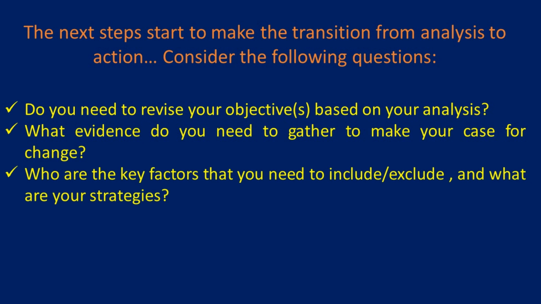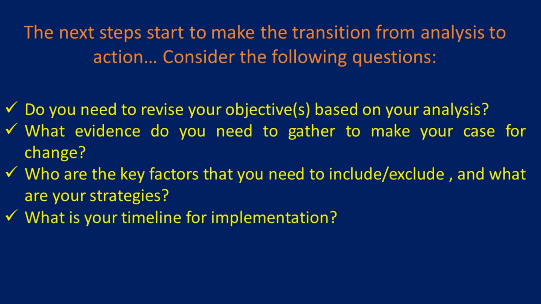Then what are the key factors, or who are the key factors in your study that you can include or exclude? Importantly, they are there for making your strategies. And then what is your timeline for implementation, when you're making a practical judgment over your analysis? These are certain questions that follow up a SWOT analysis, a SWOT matrix. So remember, just making a matrix is not complete without answering these questions post matrix analysis.